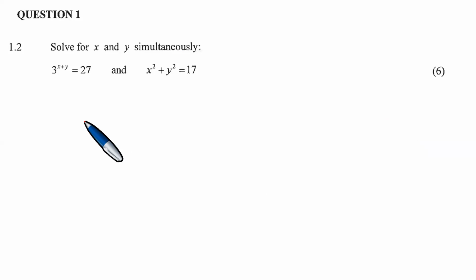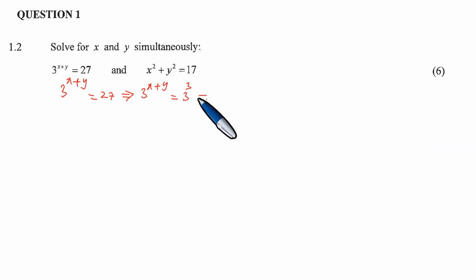We proceed as follows. Right, so we have these two equations, and we'll start by looking at 3 to the power x plus y equals 27. This means we can write 3 to the power x plus y equals 3 cubed, since 27 is 3 cubed. If the bases are the same, we equate the exponents.